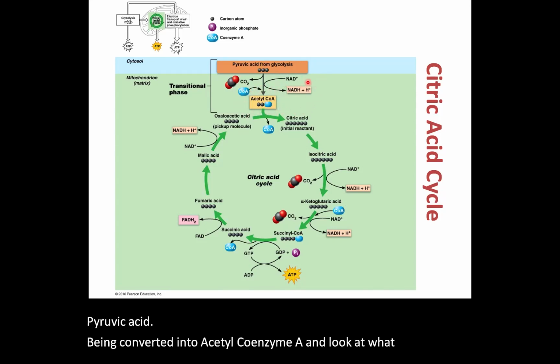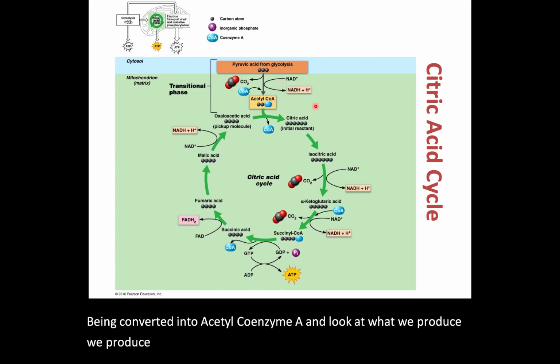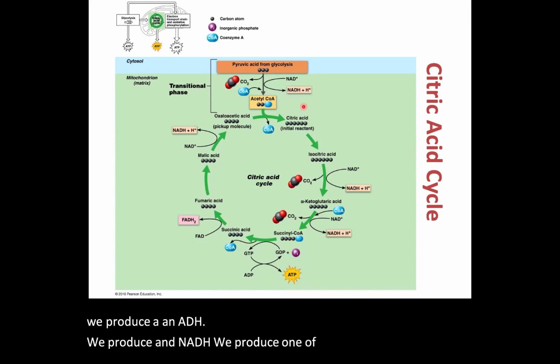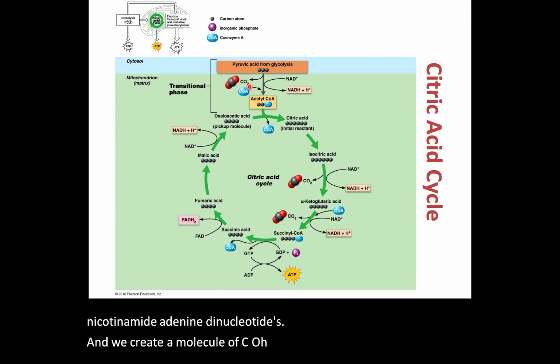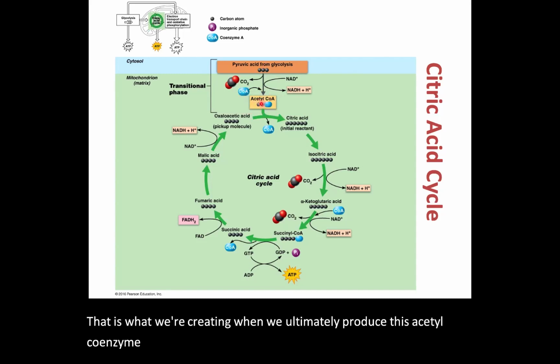We produce an NADH, one of those nicotinamide adenine dinucleotides. And we create a molecule of CO2. That is what we're creating when we ultimately produce this acetyl coenzyme A. Acetyl coenzyme A merges with oxaloacetic acid to form citric acid.